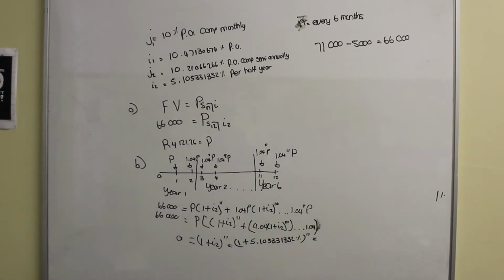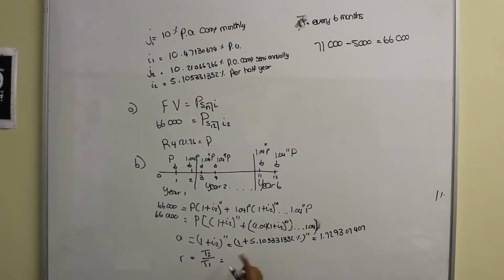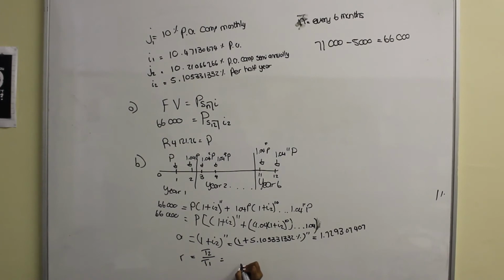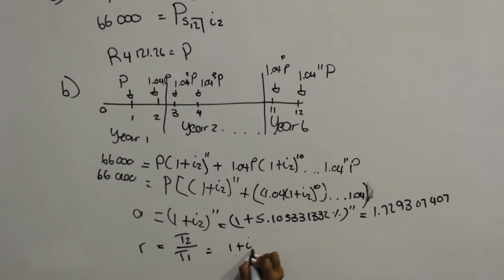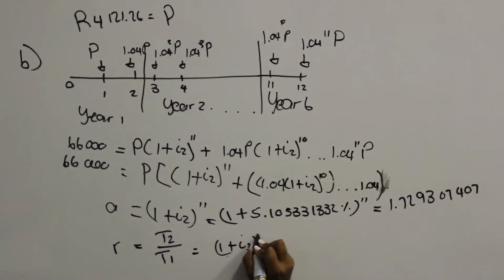Which gives us our common ratio, which is going to be T2 over T1, and that's simply saying 10 minus 11, because when you divide fractions you subtract the powers. So this is going to give us (1 + i2) to the power negative 1.